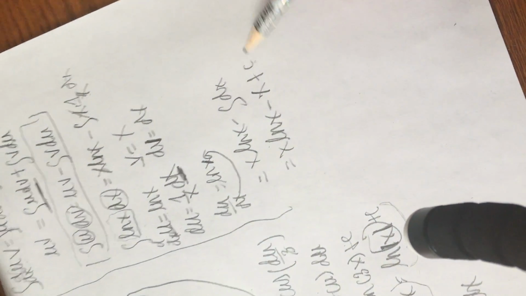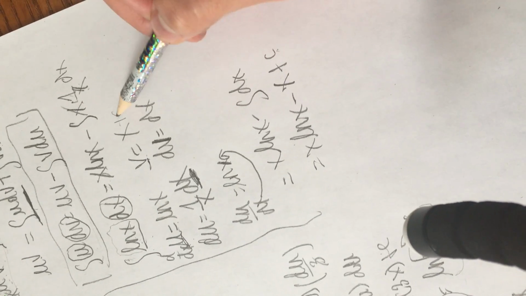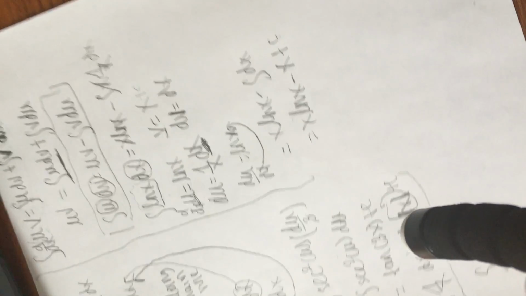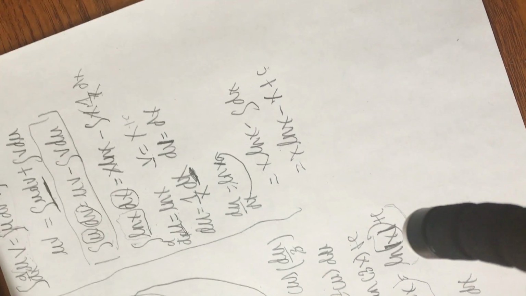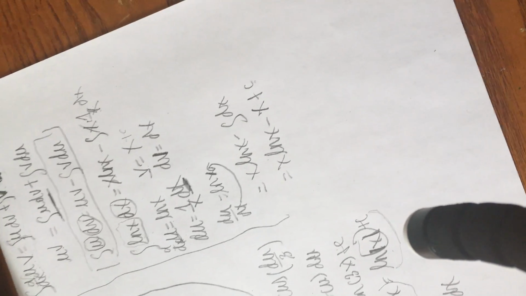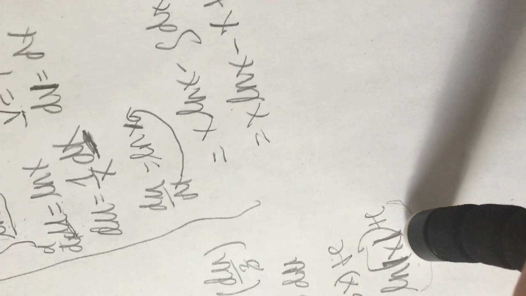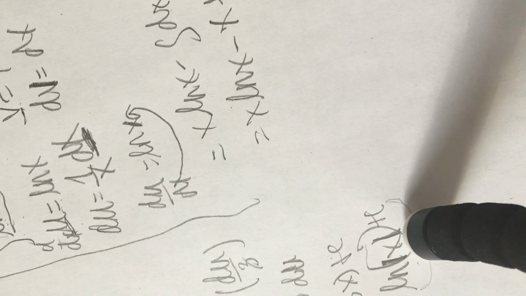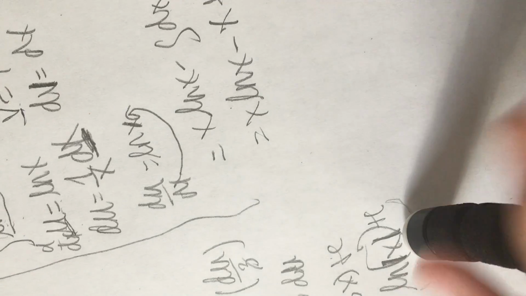Basically, you had a c over here, but then you are gonna have another c when you integrate. So in the end, you're gonna combine those two constants, and they're gonna be another constant. Okay, hopefully that made sense.